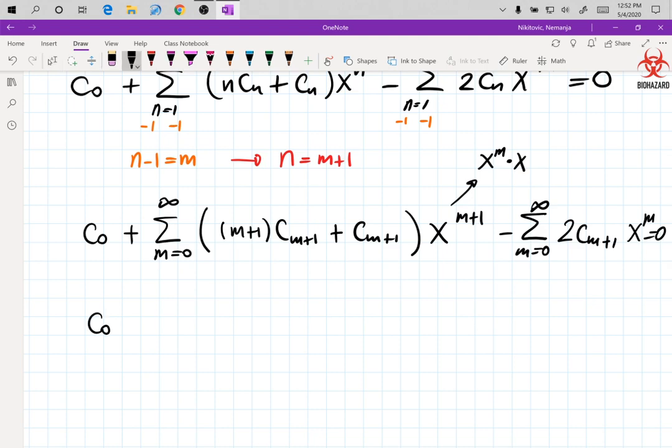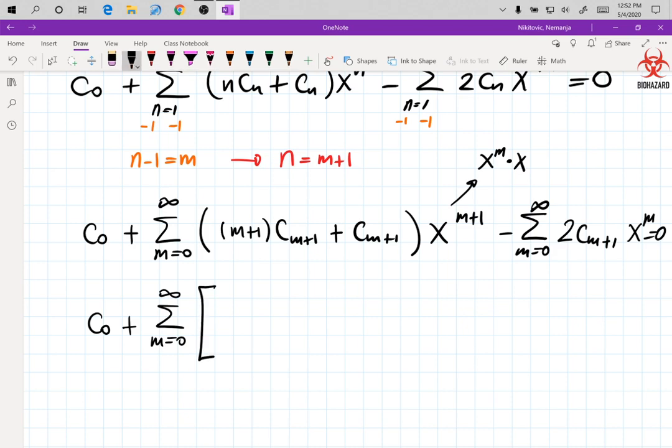So C0 plus summation m goes from 0 to infinity. And what do I have here now? Maybe I should use the big ones.